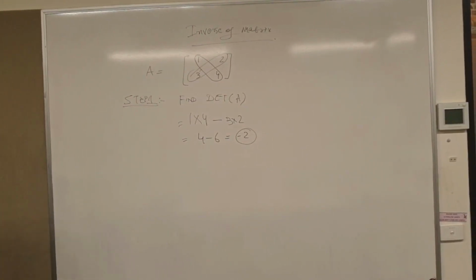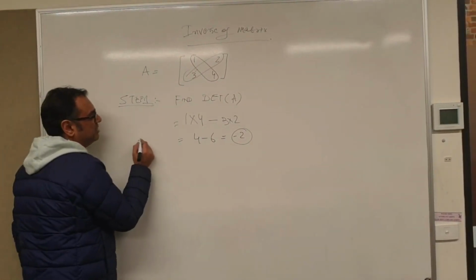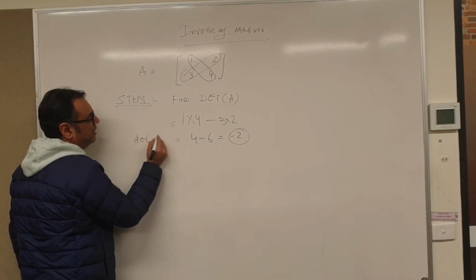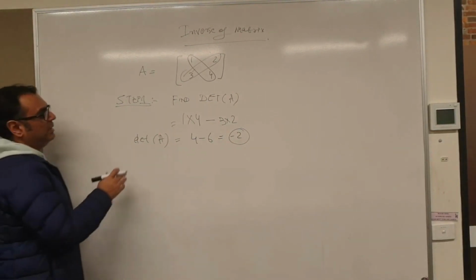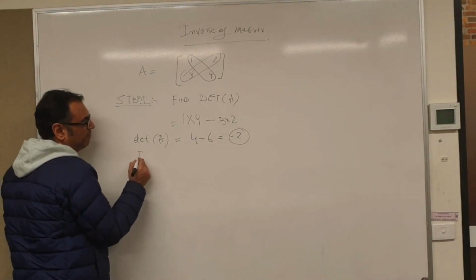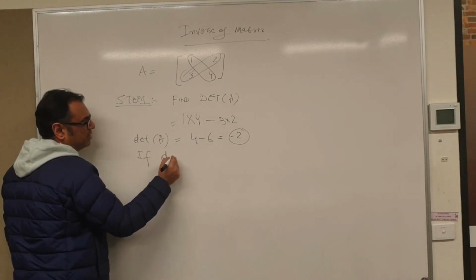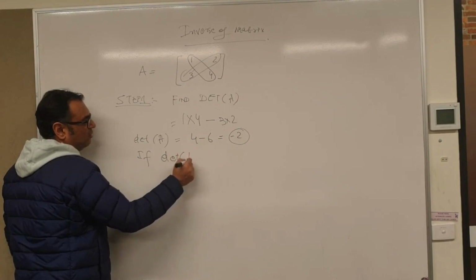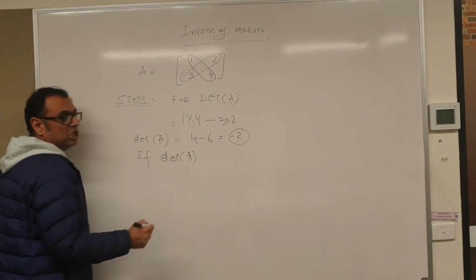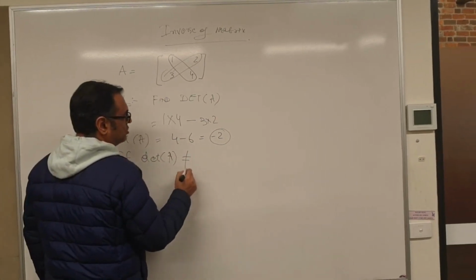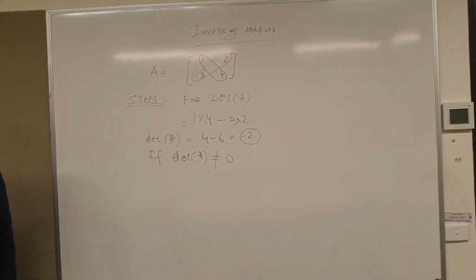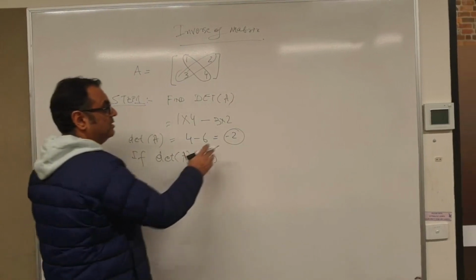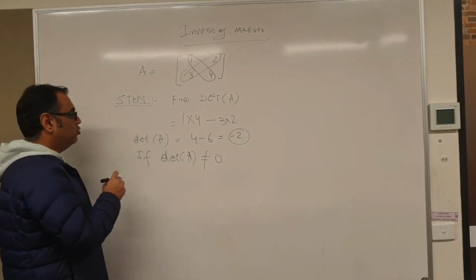This is the determinant of A. Step 1 says that if the determinant of the matrix is not equal to 0, the inverse exists. This is negative 2, so you can go to step 2.